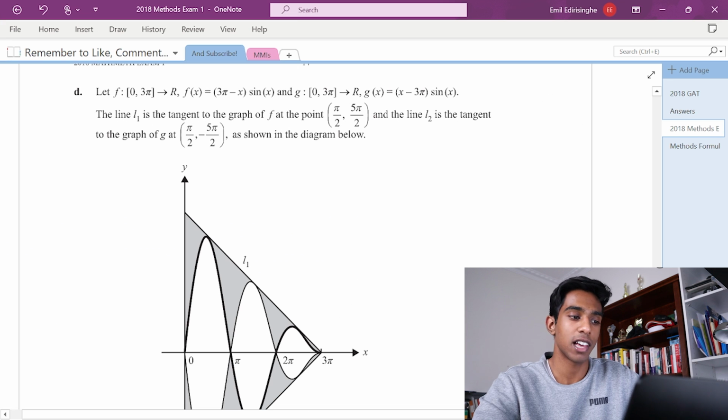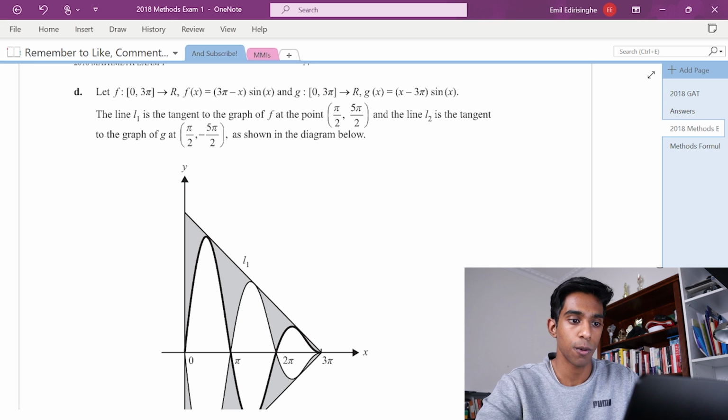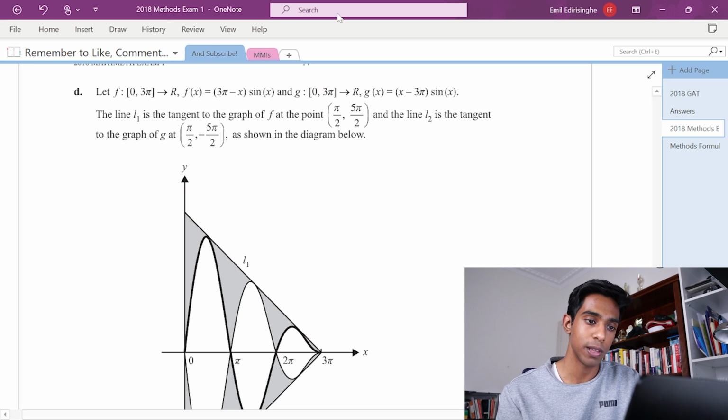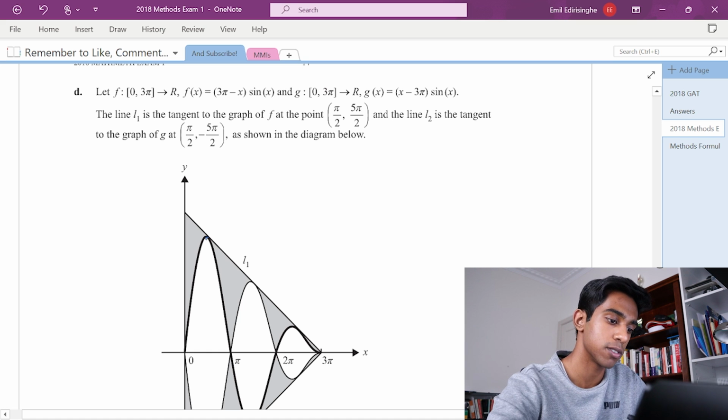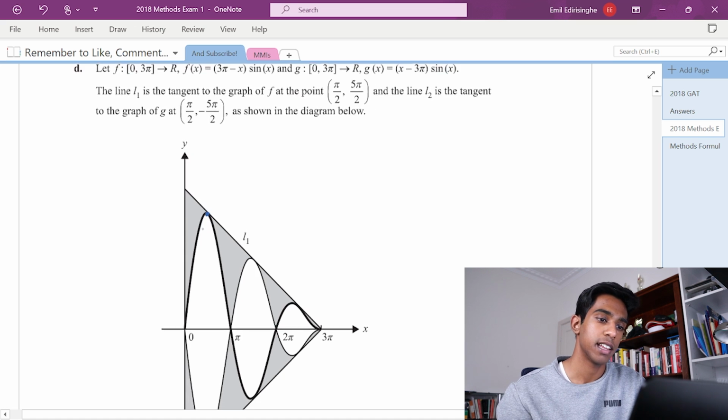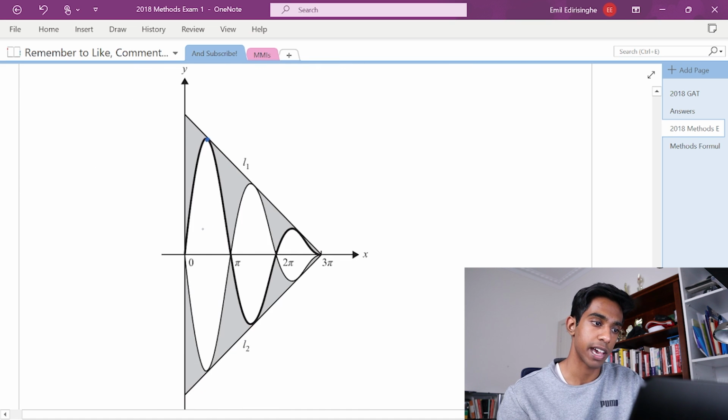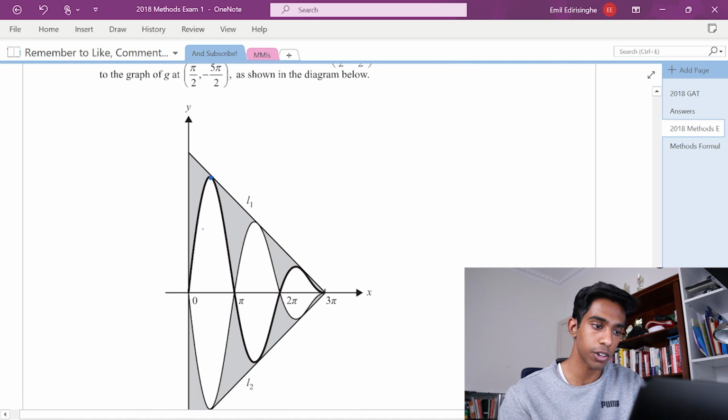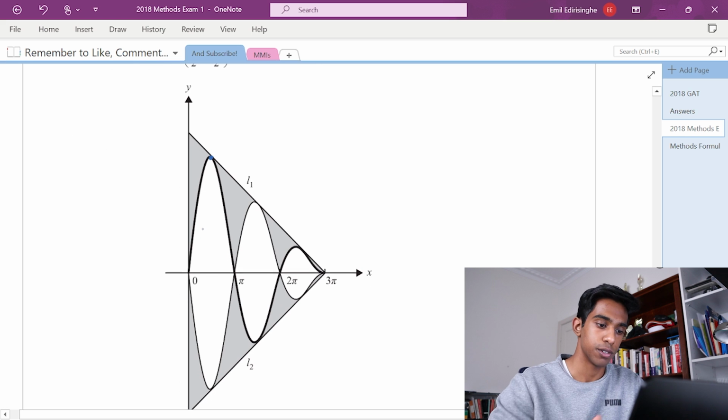Okay, so now we're up to the last question of this test. They give us this new equation, which is the transformed one that we talked about before, and also the flipped version of that. And they give us a line L1, which is this line here, and they tell us that it's a tangent to the graph at the point pi on 2, 5 pi on 2, that's here, and that L2 is the tangent to the graph at pi on 2, negative 5 pi on 2.